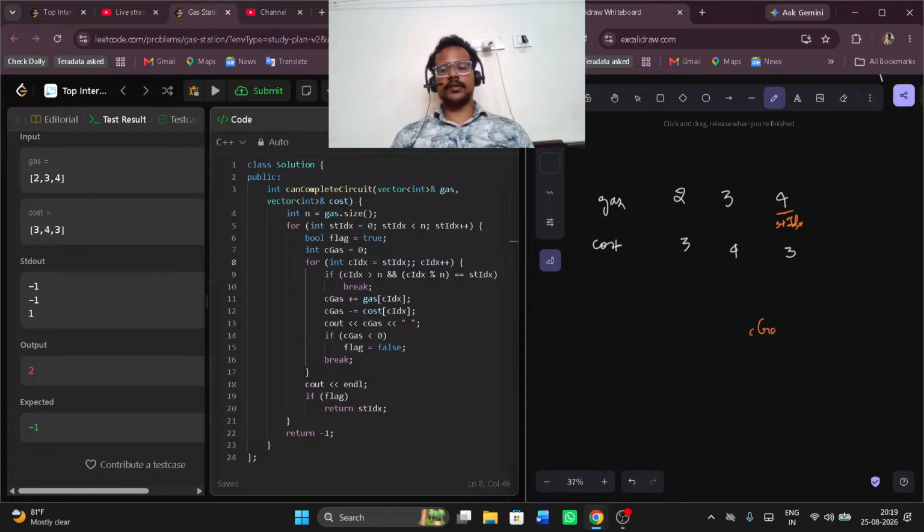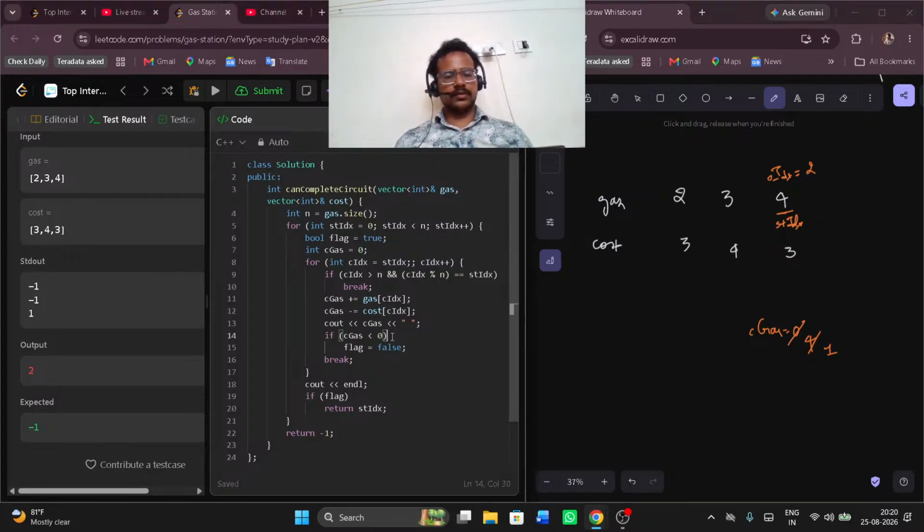Now the current index is here, 2. Now the current gas will be incremented by 4. I have 4 and I will use 3, so it will become 1. If current gas is less than 0, flag is equal to false, so I'm breaking unnecessarily here.